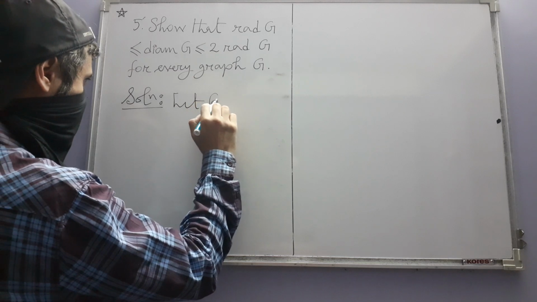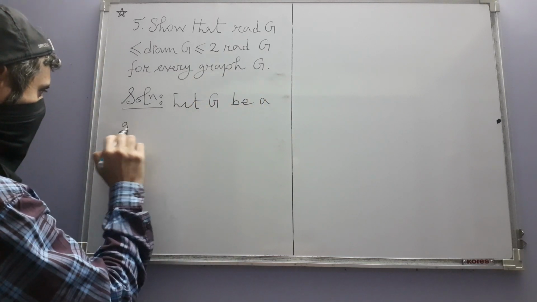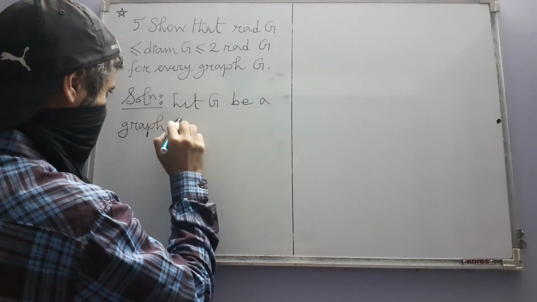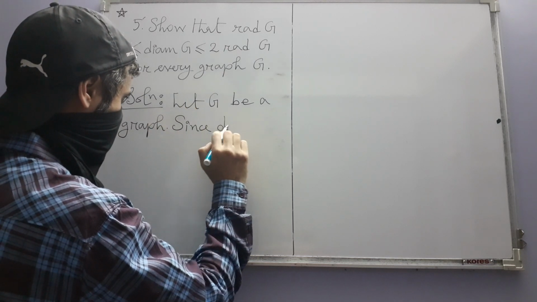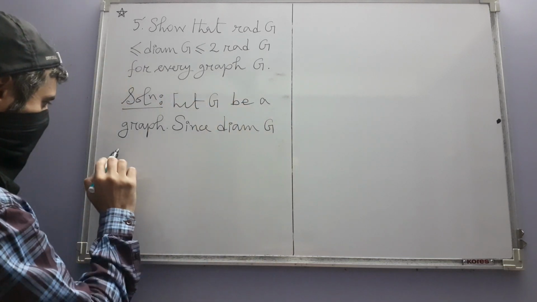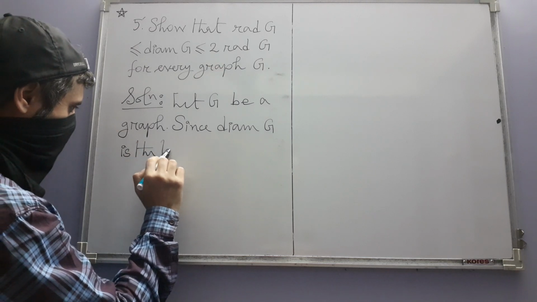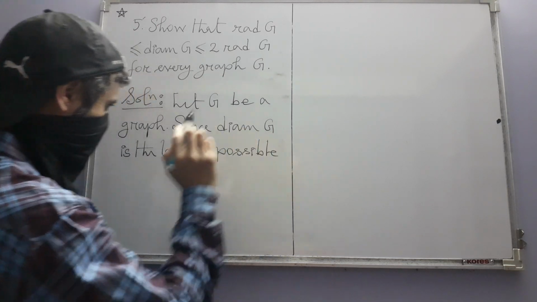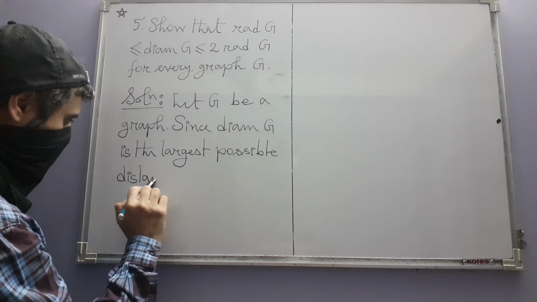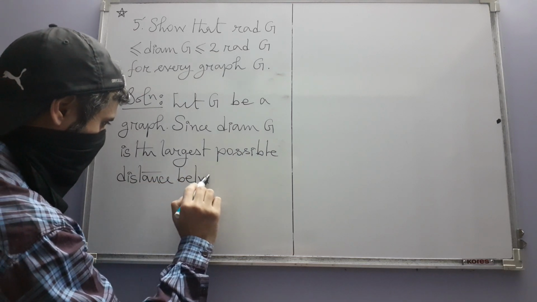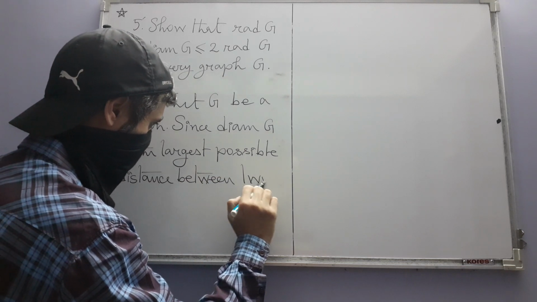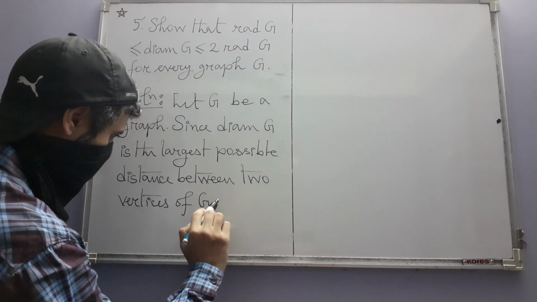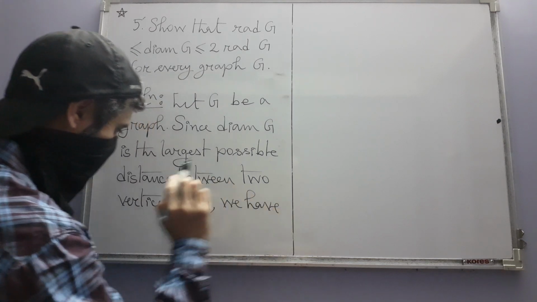Let G be a graph. The first inequality is almost immediate, since the diameter of G is the largest possible distance between two vertices of G. So that's why we have this.